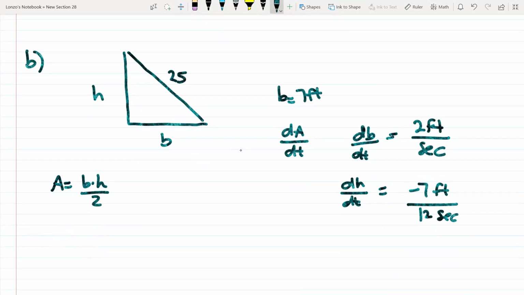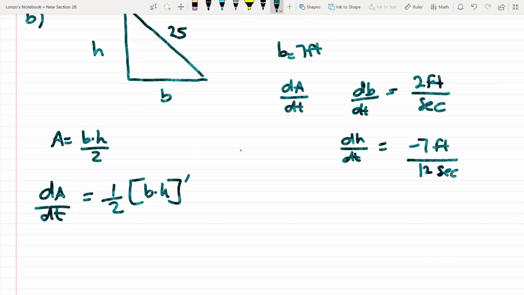So on the left side, what is the derivative of A? It's dA/dt. And then on the right, it's 1/2 times the derivative of base times H. So we have to use the product rule, and we have to be careful because we have to take it with respect to time. So what is the product rule? It is F prime G plus G prime F.